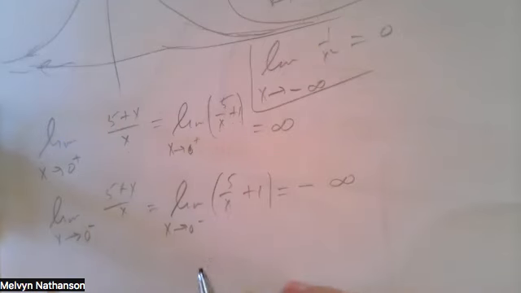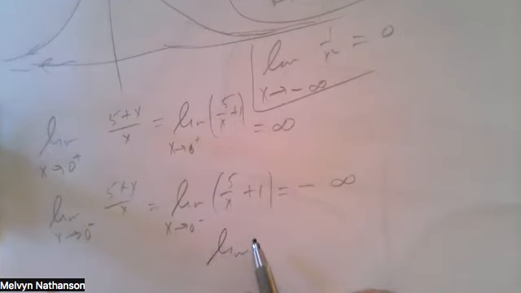And for this function, what is the limit of 5 plus x over x as x goes to infinity? That's the limit as x goes to infinity of 5 over x plus 1. As x goes to infinity, 5 over x goes to 0, and 1 is just 1. So this limit is equal to 1.